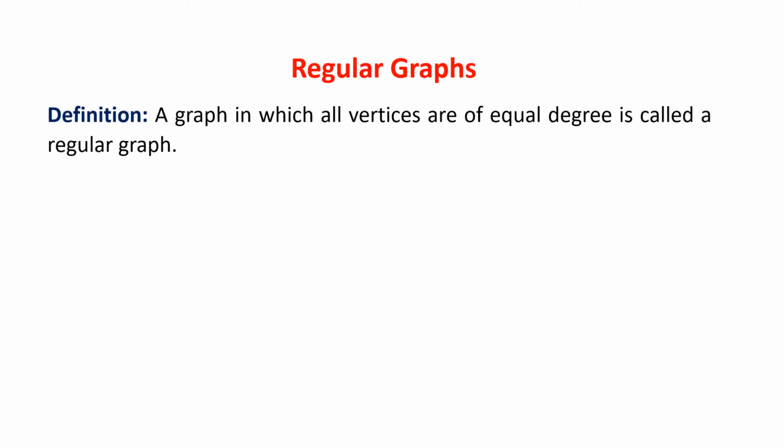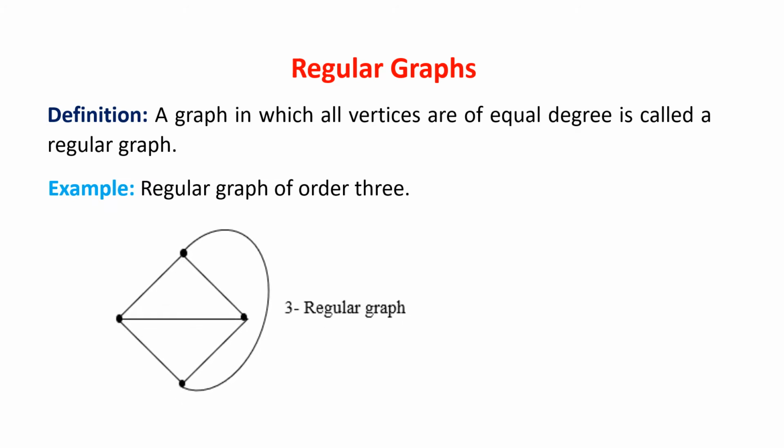Definition of regular graphs. A graph in which all vertices are of equal degree is called a regular graph. Example of a regular graph of order 3. Here, this is a graph in which each vertex has the same degree 3. This vertex has 3 edges incident on it, so it is of degree 3.